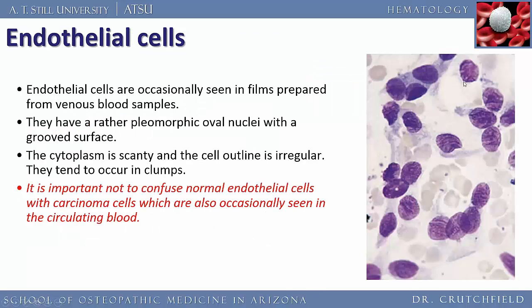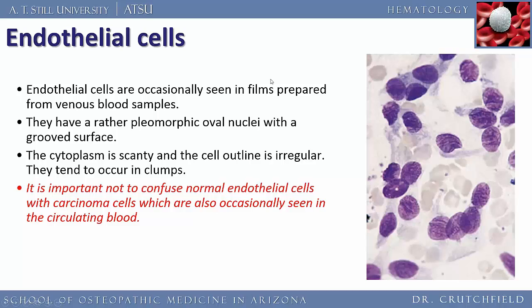So again, it's important when you look under the microscope that you can recognize these skin cells and not to confuse the normal skin cells with cancer cells, which can be occasionally seen floating around in blood. Again, I'm not good enough to do this with a microscope. Dr. Fish could do this easily, but I can't.